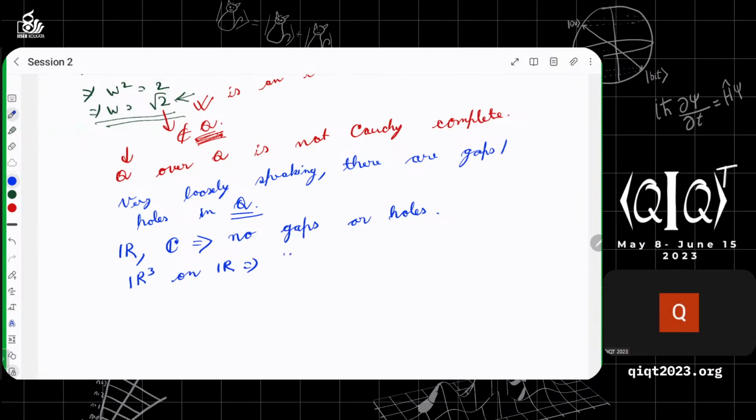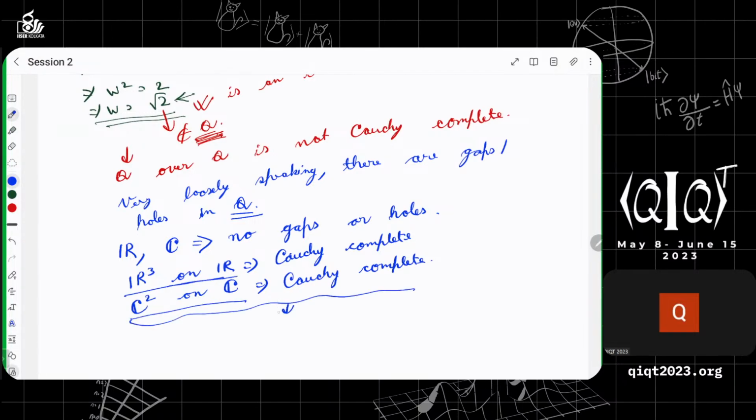Or rather, let's deal with Cauchy completeness only right now. So it will be Cauchy complete, and so would C^2 over C. These vector spaces would be Cauchy complete. And since they already have an inner product defined on them, they will also be Hilbert spaces.